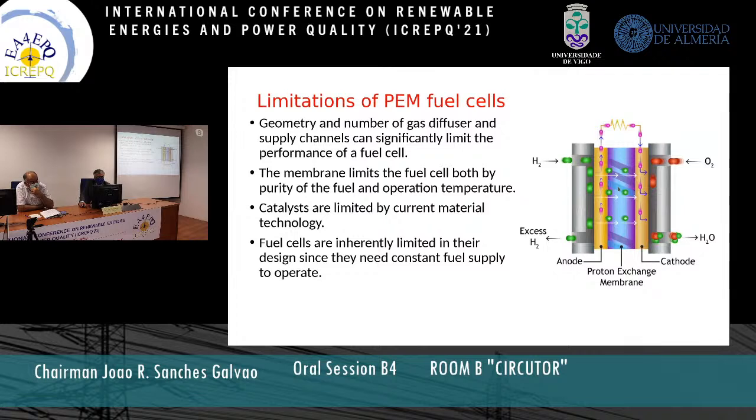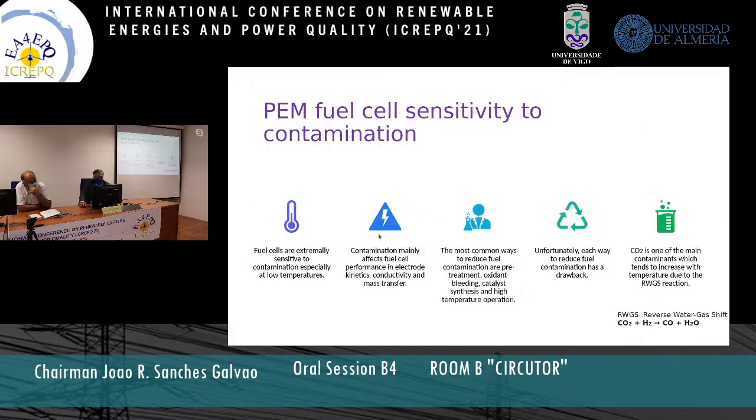Usually these are very sensitive to contamination, operating temperature, and humidity is also very important. Catalysts are limited by current material technology. Again, platinum is the most common, but it's very expensive. And fuel cells are inherently limited in their design since they need a constant fuel supply to operate.